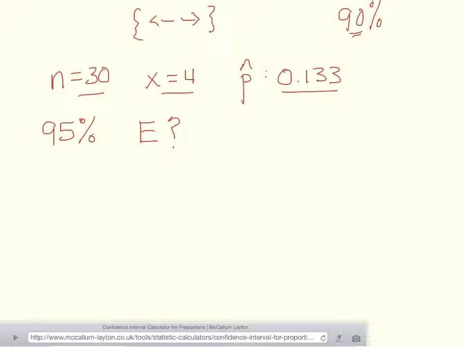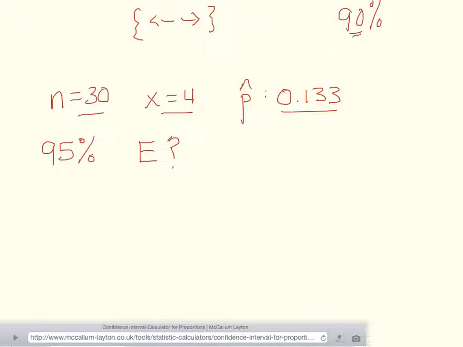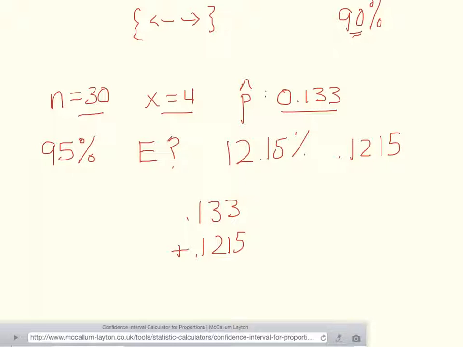So in this problem, our margin of error was 12.15%. And if we put that into a decimal, that's going to be 0.1215. So here's our p hat, 0.133, and I'm going to add 0.1215 to get the top of my interval.